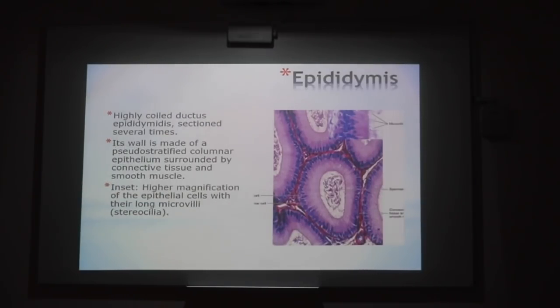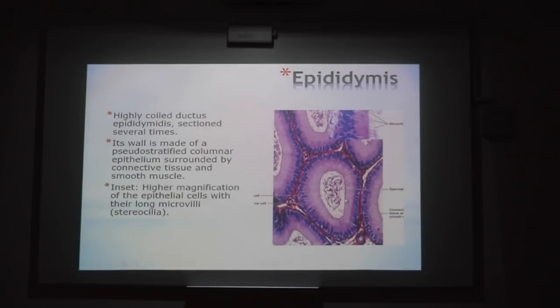So what I'm saying is that the epididymis epithelium, if you see here, is pseudostratified columnar epithelium, and it looks pseudostratified because you have tall columnar cells, which are the principal cells, and these basal cells, which are the stem cells in the epithelium. So the nuclei look to be at different levels.